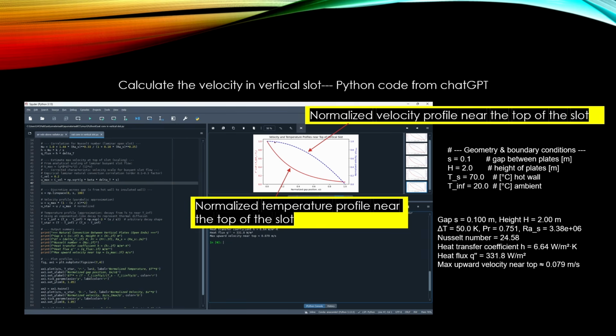This is showing the normalized velocity profile and this red one normalized temperature profile near the top of the slot. And in this case we have a so-called isolated vertical plate.